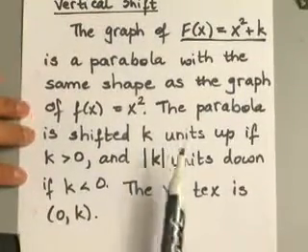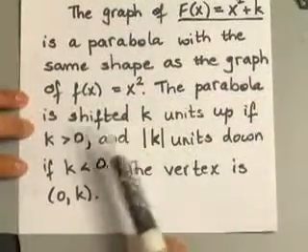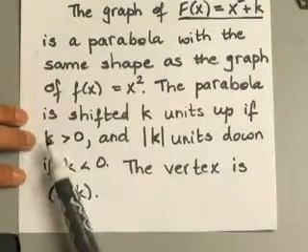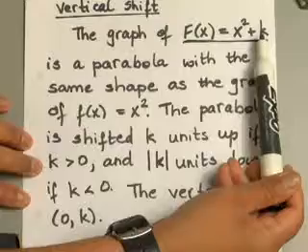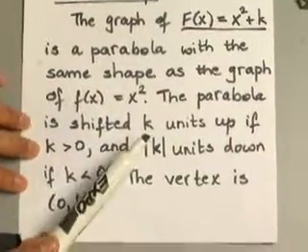The only difference would be, since you're adding that plus k to it, that the parabola will be shifted k units up if the value of k is greater than 0, which means if k by itself is a positive number, your graph will be shifted up k units.